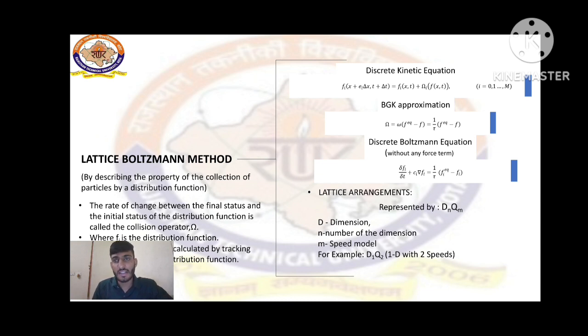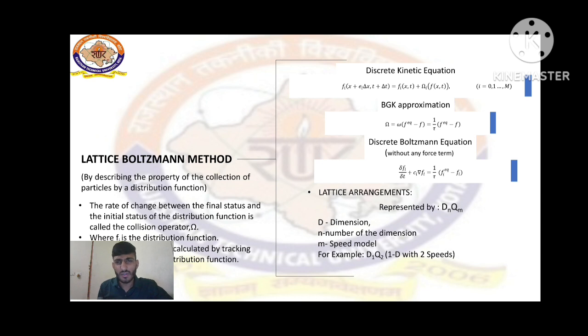In this discrete kinetic equation there is a term f_i and a term Ω_i. Both are discrete over a particular lattice. f_i is the distribution function, and Ω_i is the collision operator. Both these terms are very important to track the property of the particle.